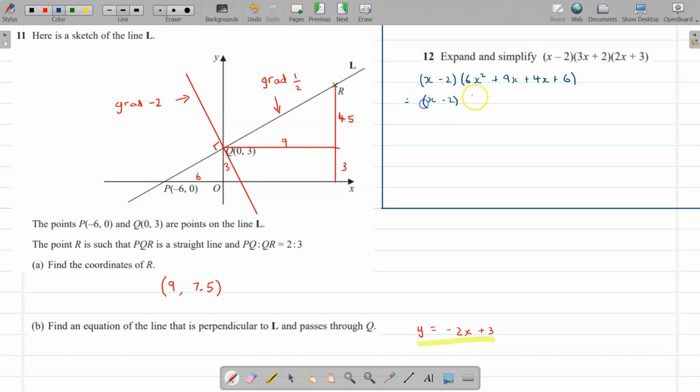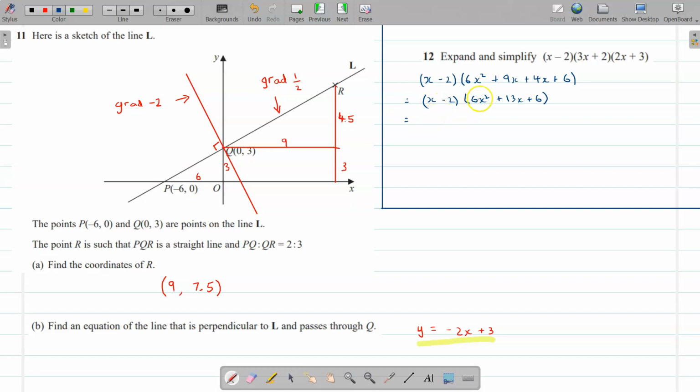x minus 2 multiplied with 6x squared plus 13x plus 6. This time we have to do 3 multiplications with the x and then another 3 with the minus 2, and then simplify afterwards.